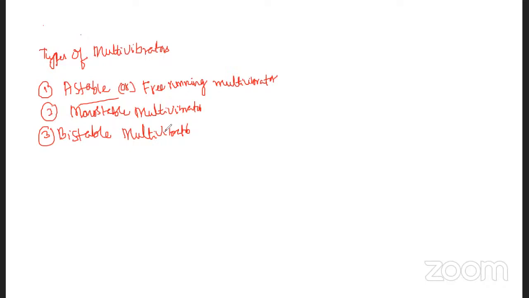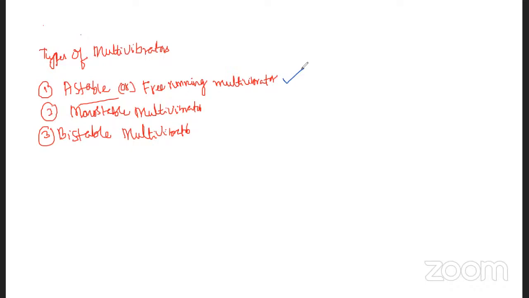First, the astable multivibrator. The astable multivibrator is also called a free running multivibrator, which alternates automatically between the two states, that is the on and off states.